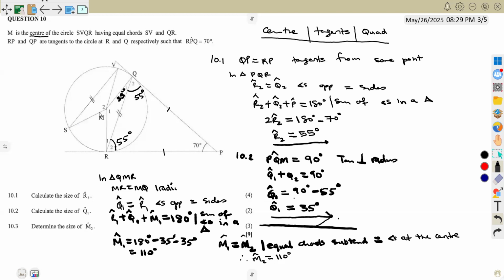This side is radius, this side is radius, so these sides are equal. So we can conclude that these two triangles are congruent. Therefore, this angle and this angle are equal, which is going to end up still giving us 110 degrees.